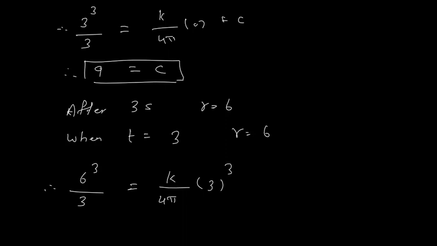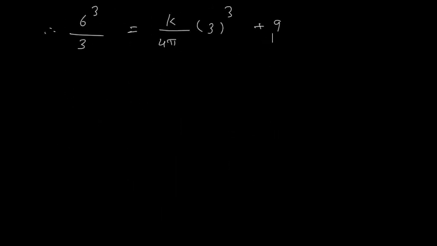The value of c we got is 9, so plus 9. Here we simplify it. 6 into 6 into 6 divided by 3: 3 2s are 6, 6 6s are 36, 36 2s are 72. So I get 72 minus 9, and 3 3s are 9, 3 9s are 27, so 27 divided by 4 pi times k.